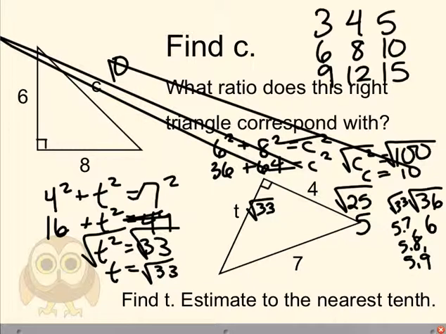And all we need to do is multiply those out, 5.7 times 5.7, see how close it gets to 33. When we do look at the square root of 33, we see that it ends up being 5.744 and so on and so forth. So we'd say the nearest tenth is 5.7. That is a good estimate of the square root of 33, but the exact answer is actually the square root of 33.